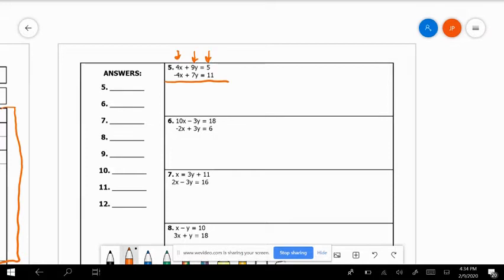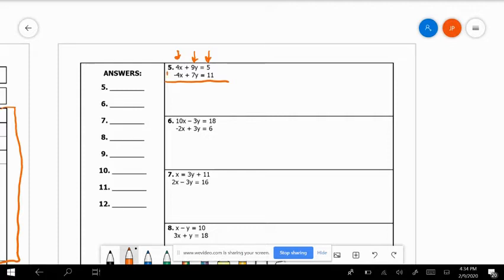And I have a common coefficient, almost. The first equation has a 4 in front of my x. The second one has a negative 4. So you kind of have to decide whether you're going to add or subtract to make a coefficient disappear. Now for this one, if I take 4x and subtract 4x from it, nothing's really going to happen. I'm just going to have another messy, ugly equation to deal with.